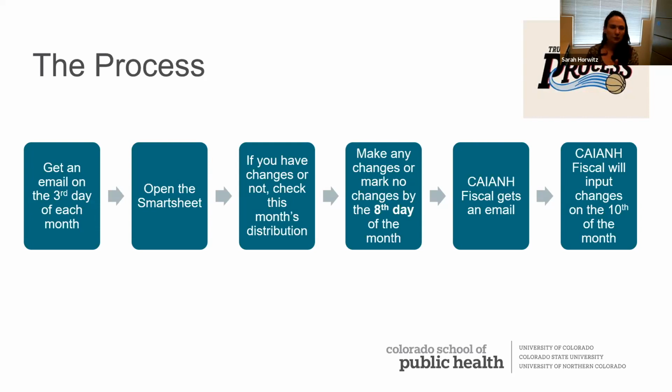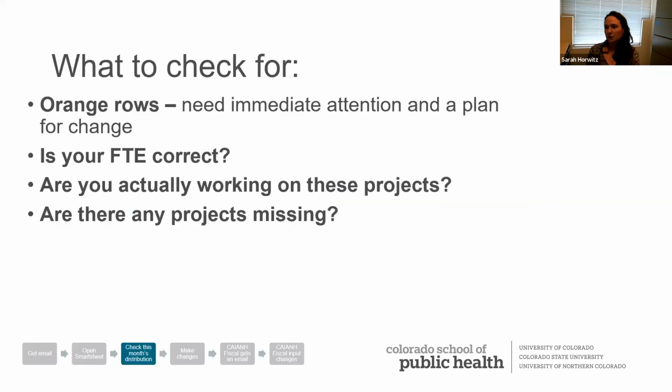So now I'll try to go through each of these steps for you. When you're just logging in to check and you don't have any changes or you're not sure, what you're going to look for, like I said, is the orange rows. That means you need to make a plan so that you're not going to be on that speed type when it ends.